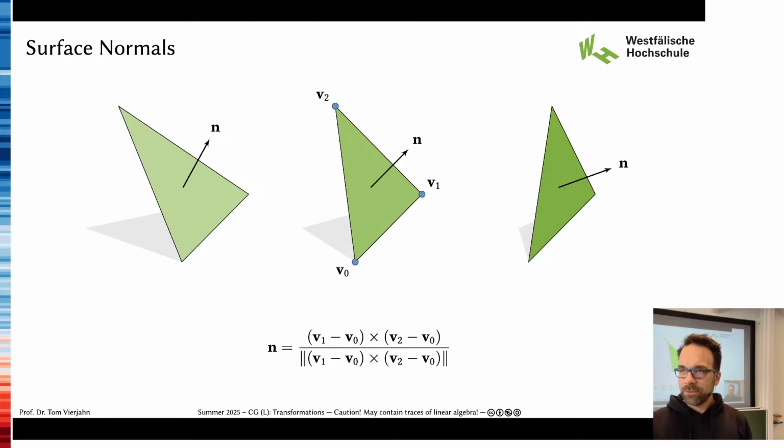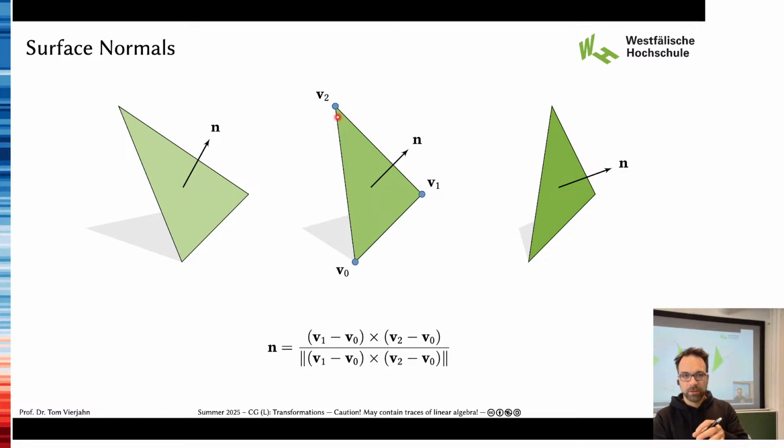And since you only have the information of the vertices of the triangles plus the connection information, so which vertex is connected to which other vertex, the only thing that you can transform are the vertices. And then you can think of how to transform the normals. Why not also rotate, scale, translate, and shear them?